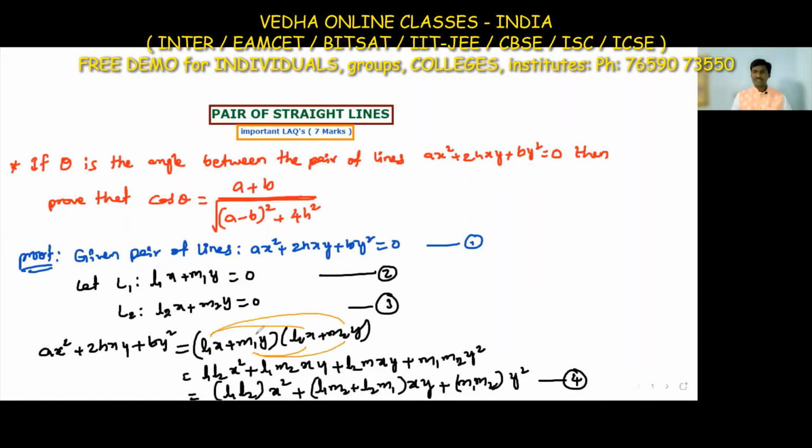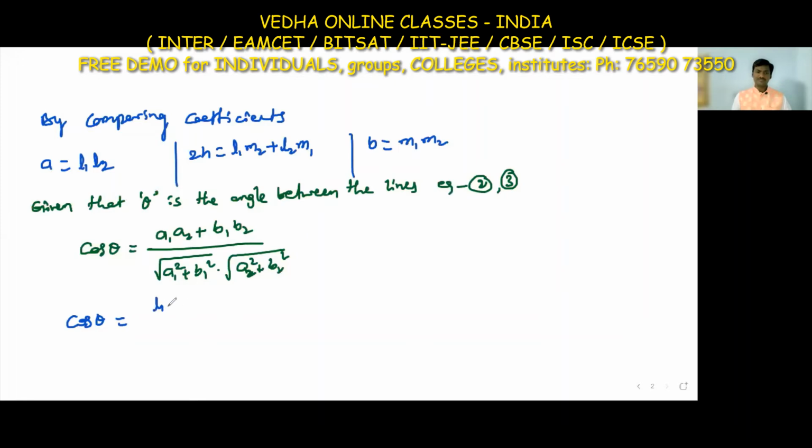So L1 L2 plus M1 into M2 whole divided by under root of L1 square plus M1 square, the first equation coefficients squared, next L2 square plus M2 square.